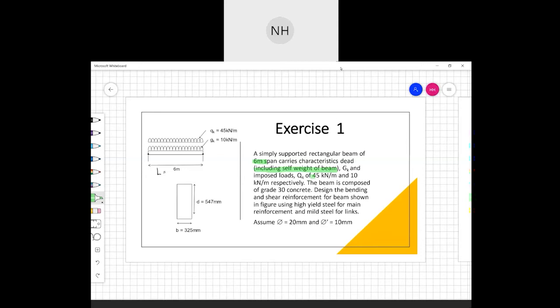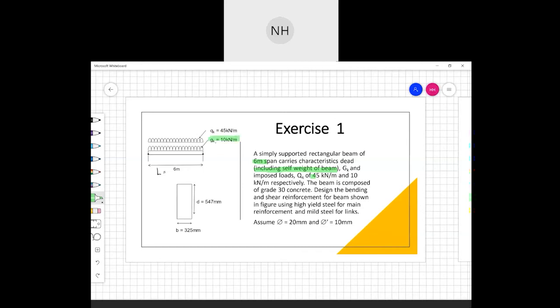Okay, sebenarnya dalam soalan ni terbalik. Kita jangan tengoklah soalan ni. Soalan ni terbalik sebenarnya. GK sebenarnya 10, QK 45. So kita tengok dekat gambar saja, GK dia dah bagi 10.